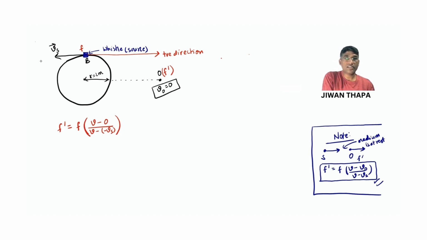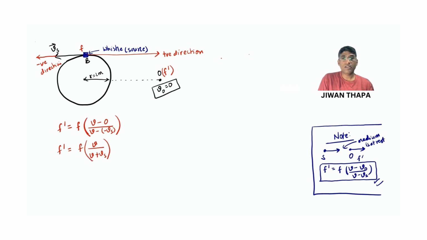Clear? This direction is taken as negative direction. This is to be noted. Therefore, F dash equals F times V divided by V plus Vs.